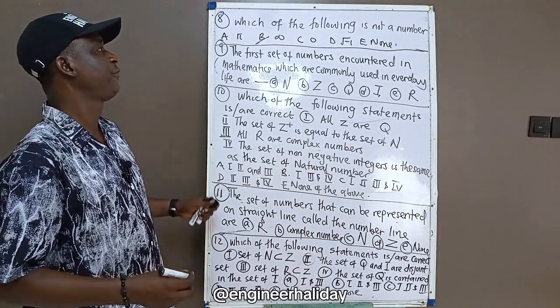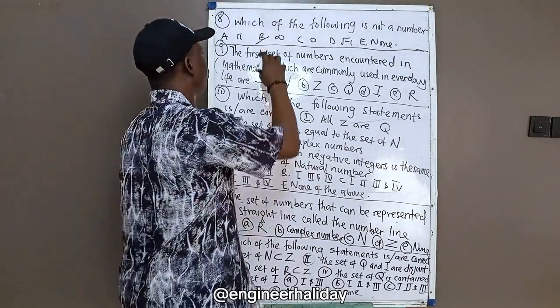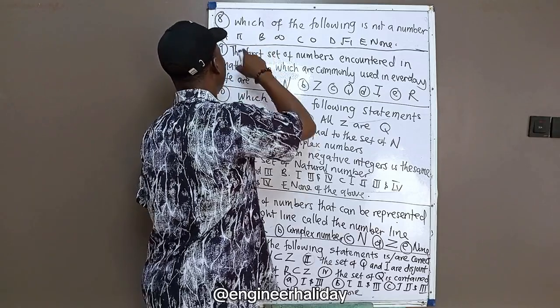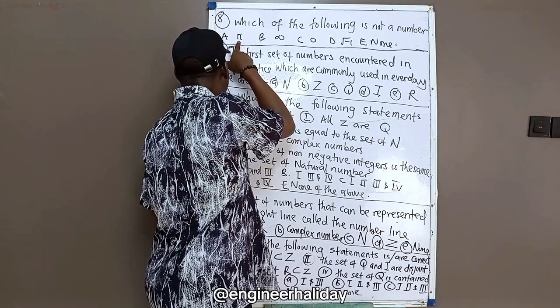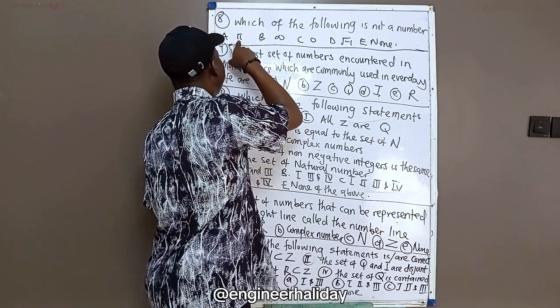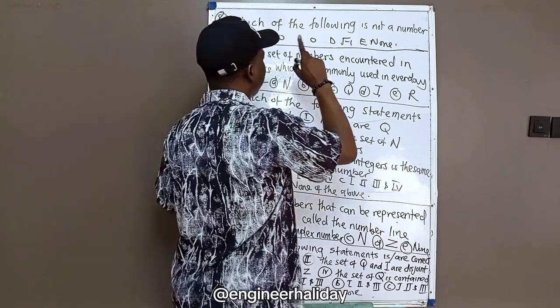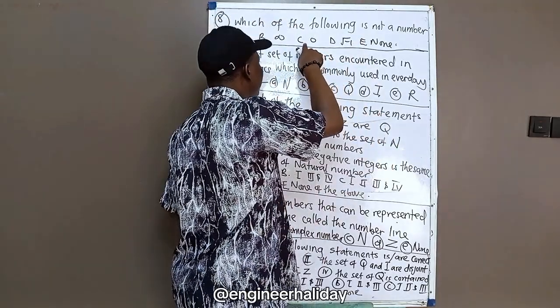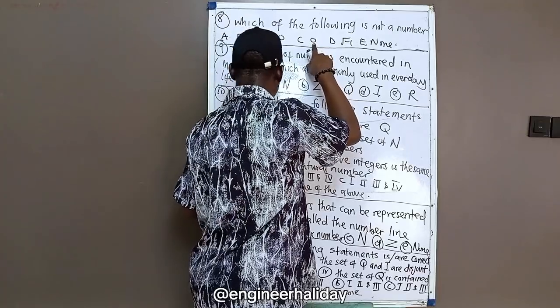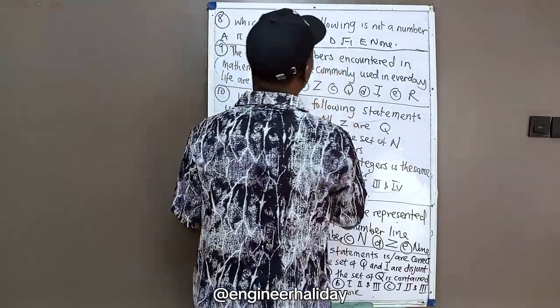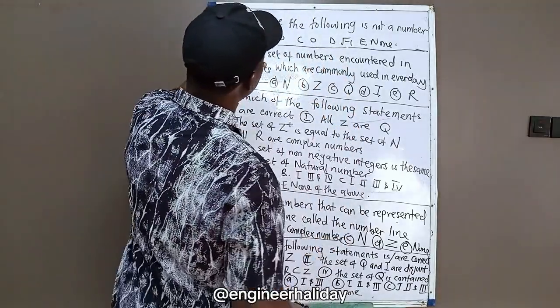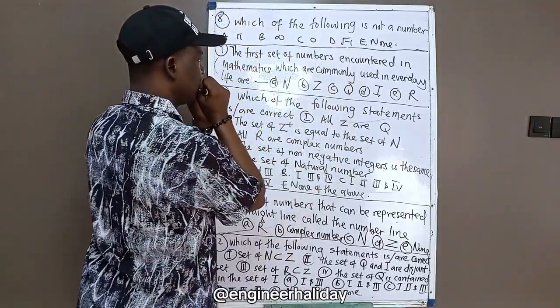Let me go through the question again. This one is a number. This one, let's leave it first. Option C, which is 0, is a number. We have a competition between this and this.